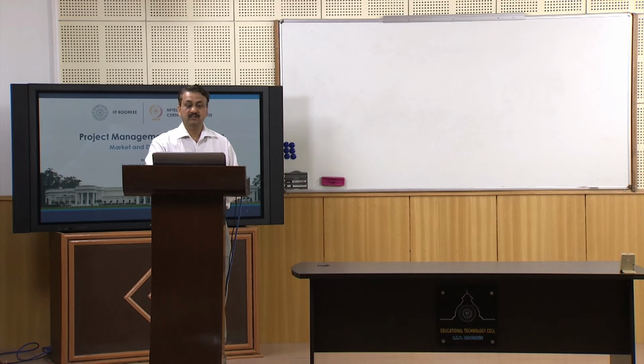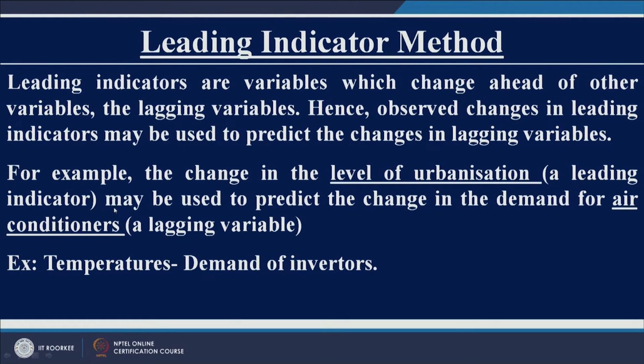So, you have got a dependent variable and an independent variable. Let us take an example. The change in level of urbanization, which is the leading indicator, may be used to predict the change in demand of air conditioners, which is the lagging variable. So, this is your independent variable and this is your dependent variable.